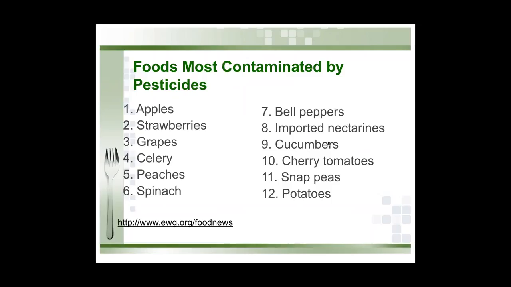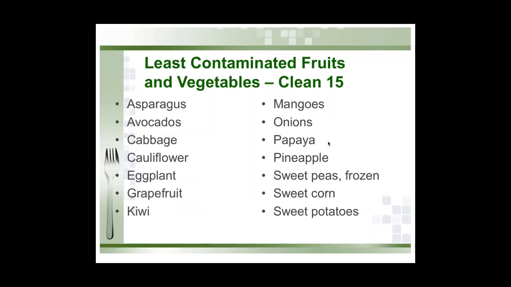And that's what I do. You know, asparagus is typically not got a lot of chemicals on it. I rarely buy organic asparagus, but I always buy organic apples and grapes and strawberries and celery, always. So this is the least contaminated.